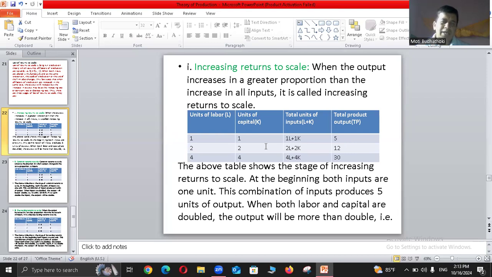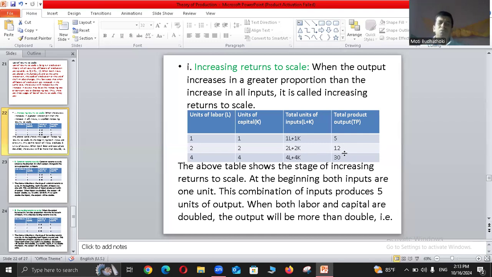And again, if we double the units from 2 to 4, then our input is 4L plus 4K, and the return from that input is 30, which is much more than 12 units of product, that is more than double.